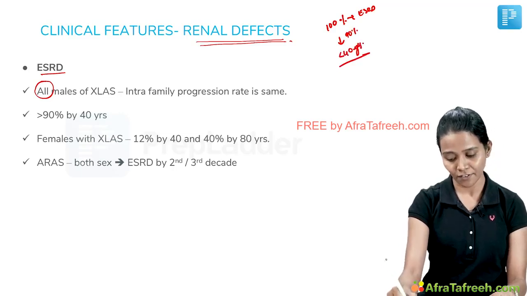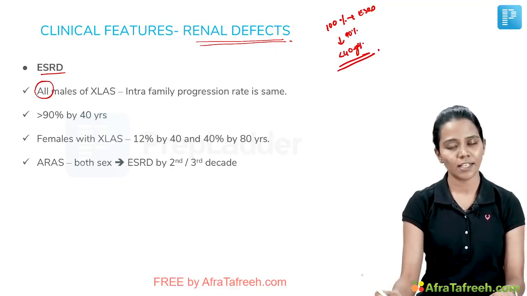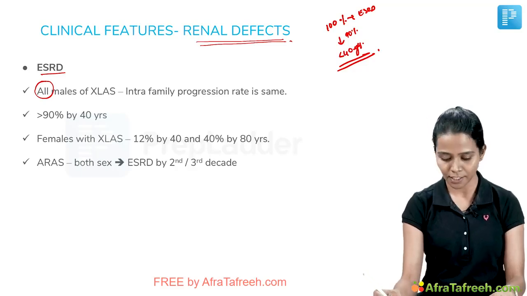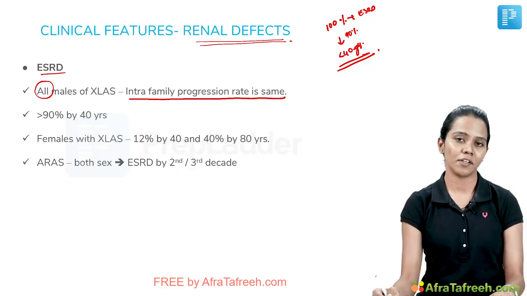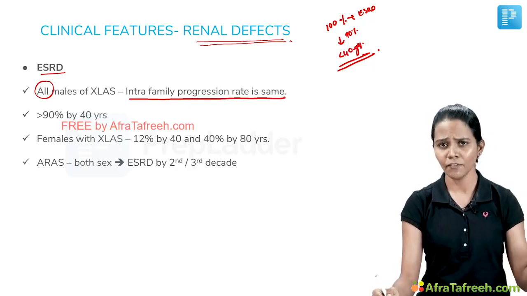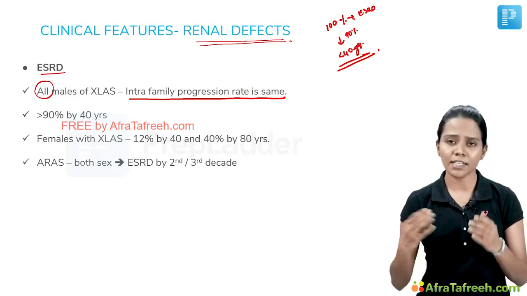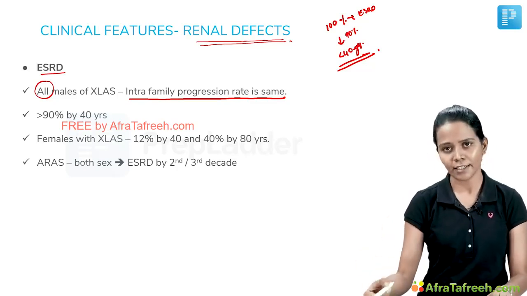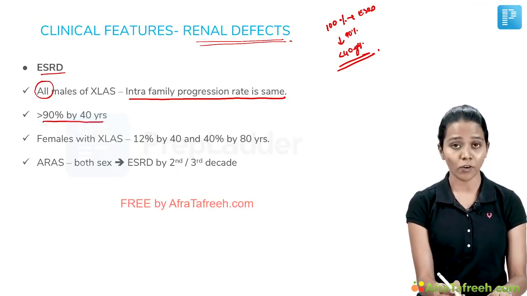So it is a very progressive disease. If a patient has X-linked AS, then the patient will develop ESRD. The intra-family progression rate is the same. For example, if one brother developed ESRD at 40 years, then the second brother also developing ESRD at that age is common. More than 90% of them develop it by 40 years.